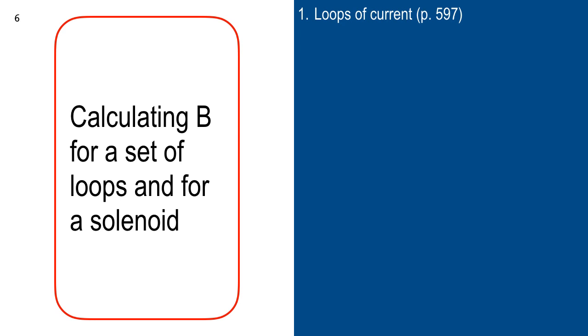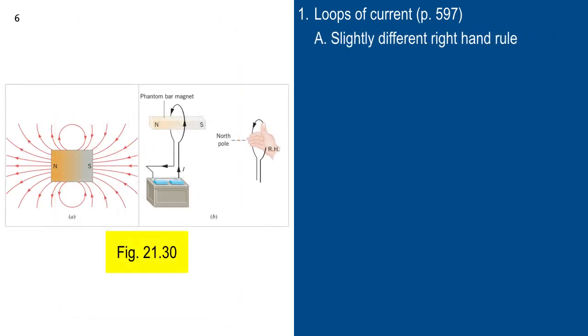So the first thing that we'll do is loops of current. It's page 597. Here's a nice diagram, figure 21.30. And what I want to draw to your attention is the right-hand rule that they use. Here's the right-hand rule, 21.30.